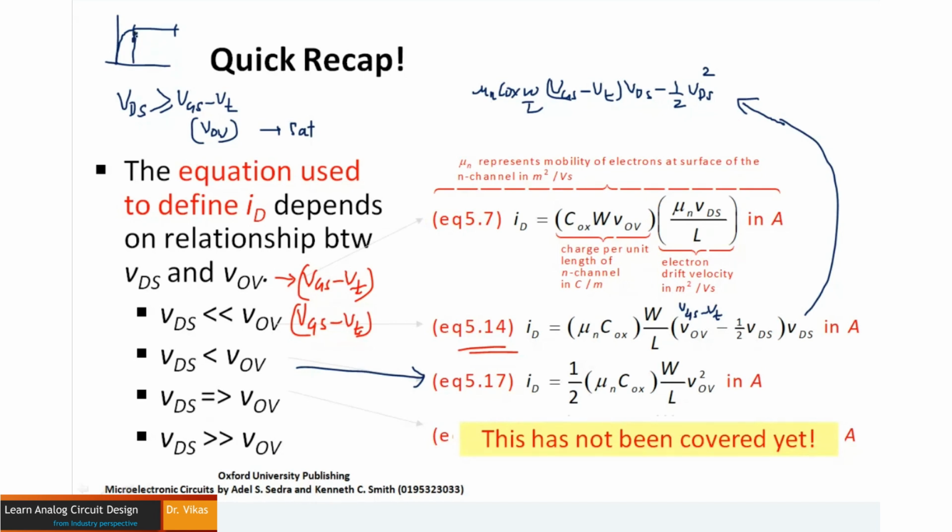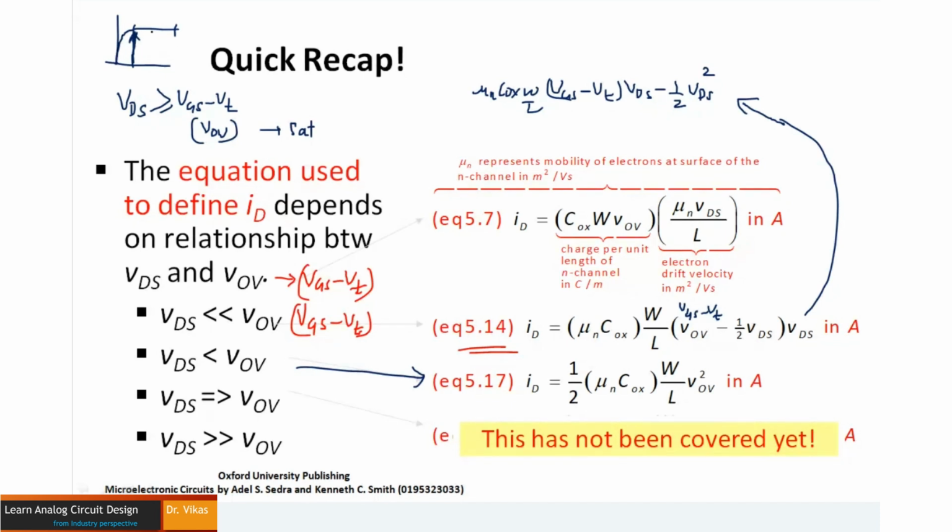What I told yesterday is that after a particular voltage, when the MOSFET enters into saturation, even if you increase VDS, there is not much dependence of current on VDS, because as you can see in the equation, no VDS term is involved. That's why you can say that there is no dependency of ID on VDS.